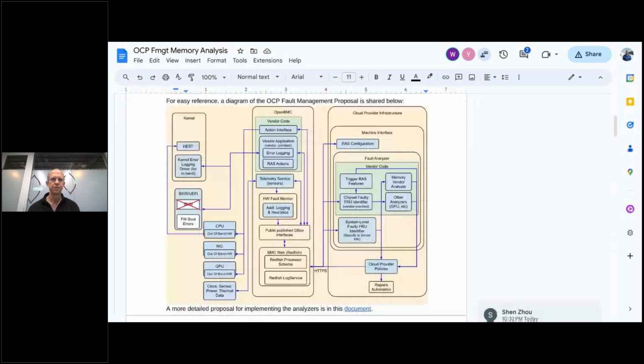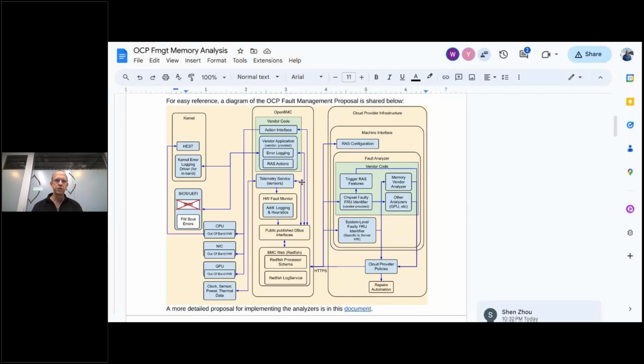Yeah, and I think we really care about both the analysis and the data, but here's our proposal. This is the overall proposal that we're building on in this group that we've been working on in our Friday meetings. And there's a link to the document you can take a look at.